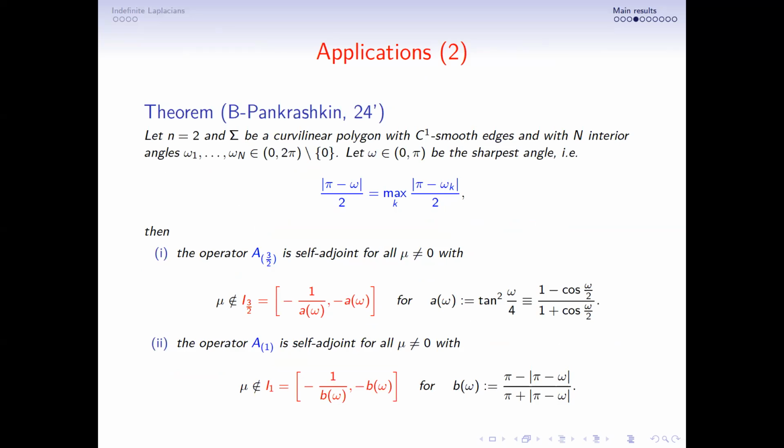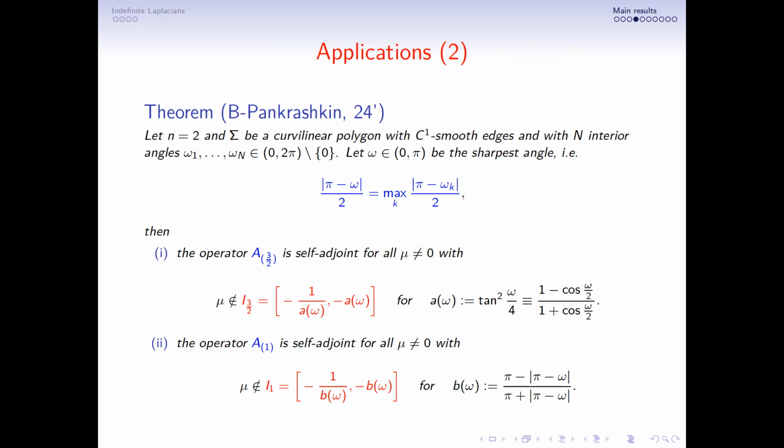Then under this condition, the operator with regularity 3/2 is self-adjoint for all mu different than 0 with mu which is not in this critical interval, and A_omega is given by this constant. Then for the H1 regularity, we have the self-adjointness for mu which is not in this interval.